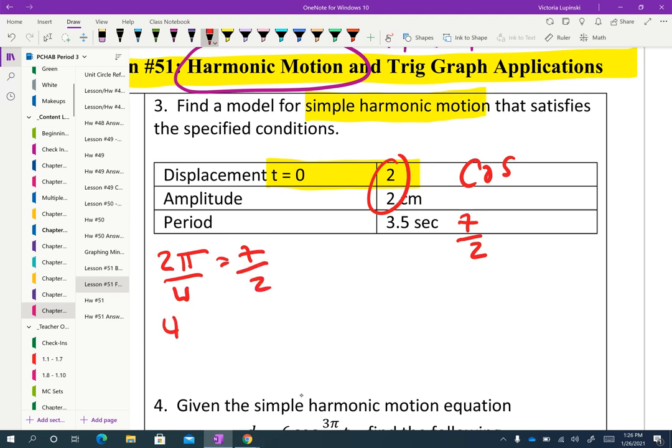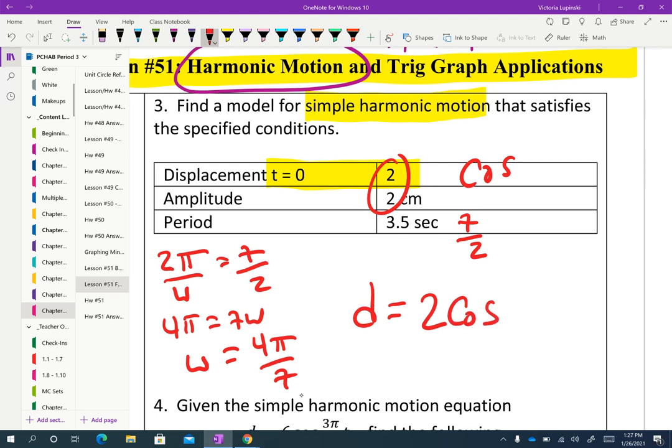Cross multiply, 4 pi is equal to 7w, which means that w equals 4 pi over 7. Putting that all together, d for displacement is equal to 2, the amplitude, times the cosine of 4 pi over 7, and then don't forget the t.